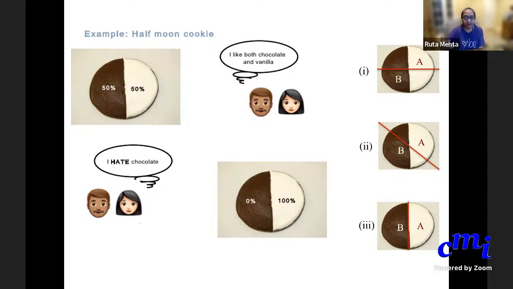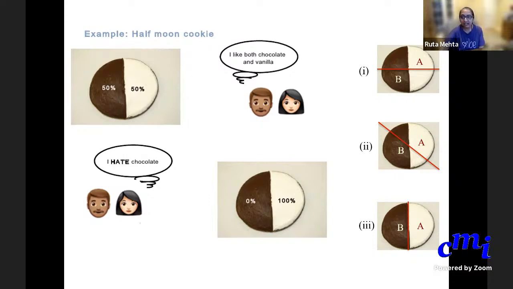So the point I'm trying to make is, first of all, what should be fair is not obvious. How we should define fairness is not obvious, so there are multiple definitions. And secondly, fair need not be efficient. Fair need not be an outcome which is optimal with respect to everybody.